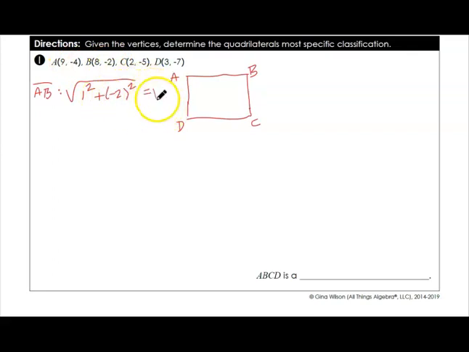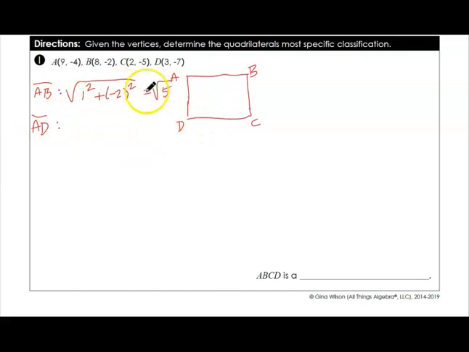And so you do your math here, and this is going to be the square root of 5, the distance from A to B. Well, I know that for any quadrilateral, the opposite sides are congruent. Okay, so if you just want to take a shortcut to this process, now let's see if side AD is congruent to AB.